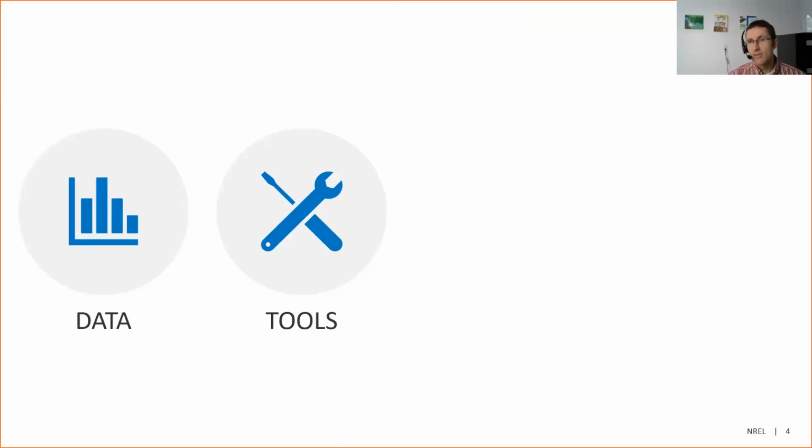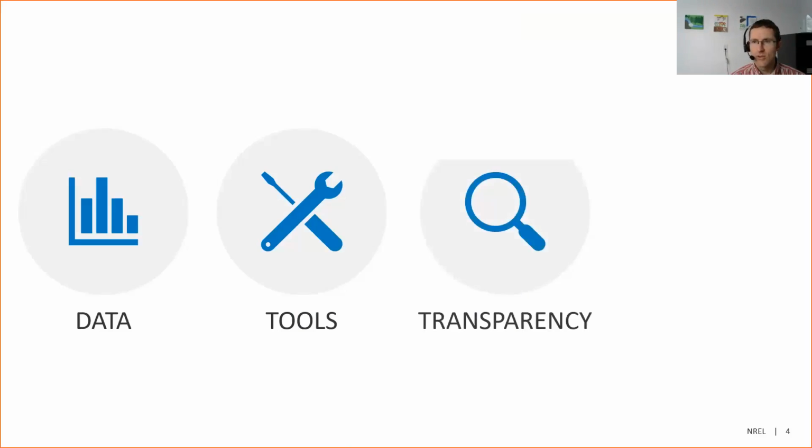Both the data that you'll be seeing is all made public, and the tools we've made public as much as we're able, so that people can open them up or use them themselves or do what they want with them. We also really value transparency here. We want people to know what we assume when we're making these projections, why we're getting the answers that we get, and make it so people could really scrutinize what's going on.